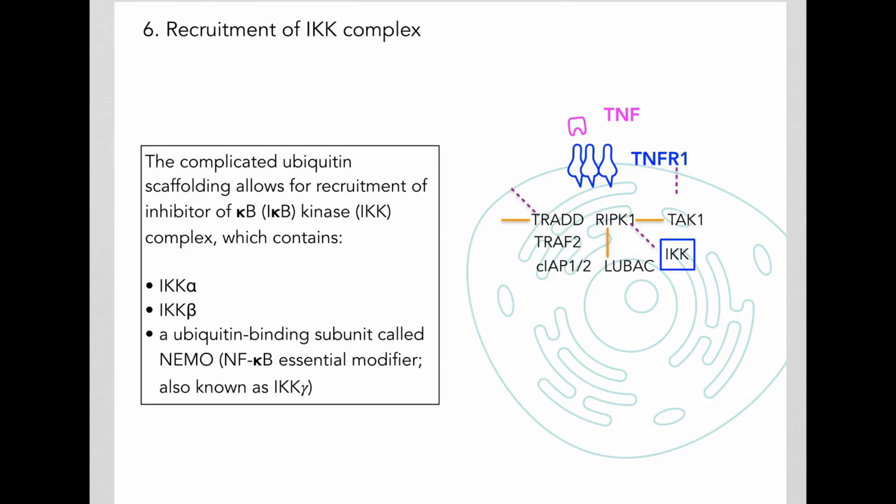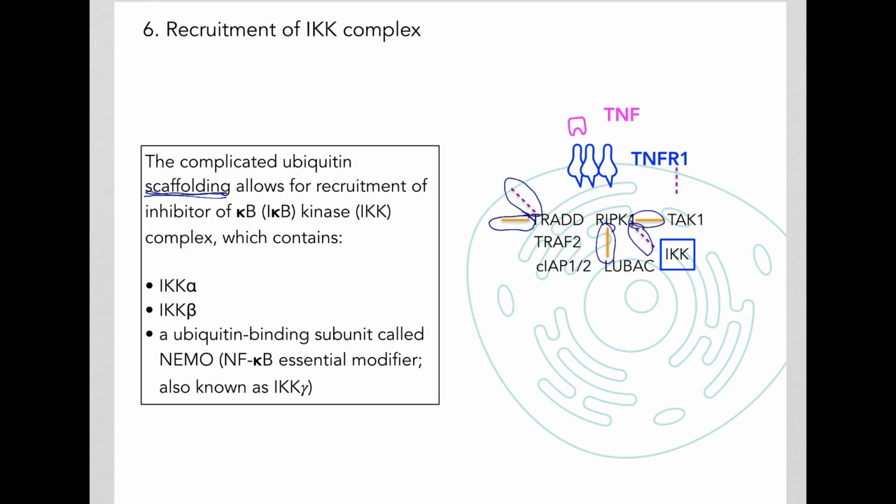So in complex 1, we have this very complicated network of ubiquitin chains. And these ubiquitin chains act as a scaffolding, and that allows for recruitment of other proteins.